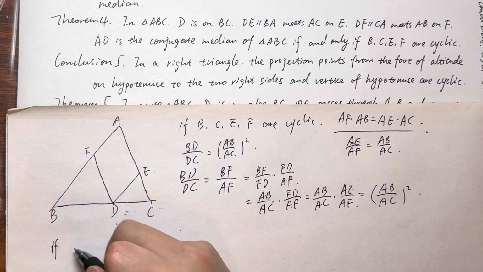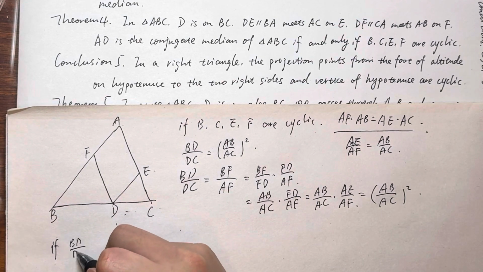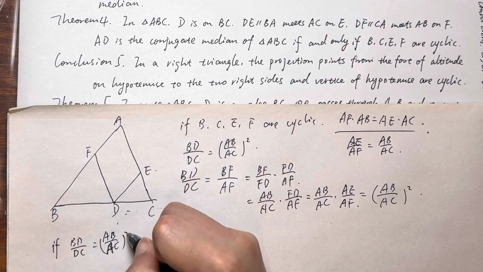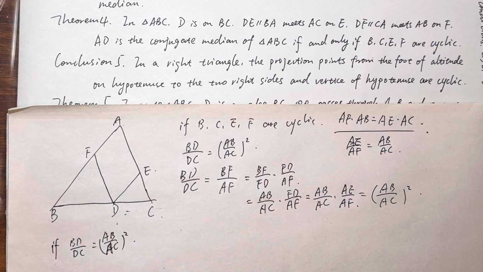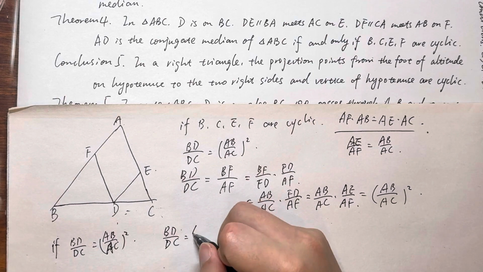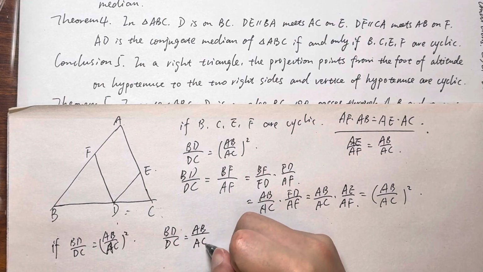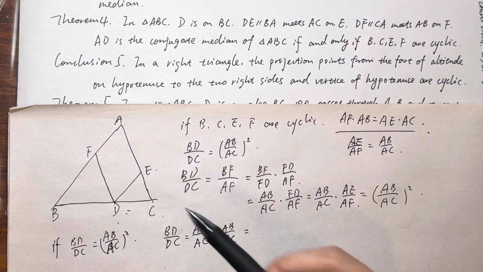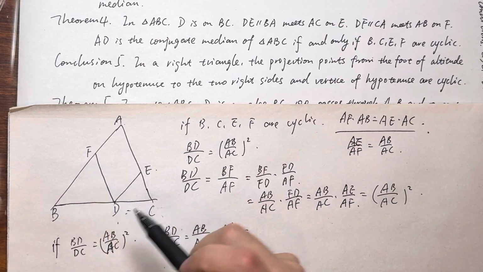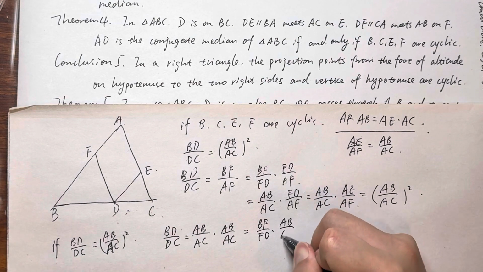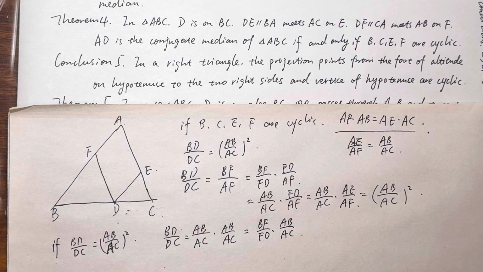So if BD to DC equals AB to AC squared, can we prove that BCEF are cyclic? BD to DC equals AB to AC times AB to AC. And AB to AC equals BF to FD times AB to AC, right?